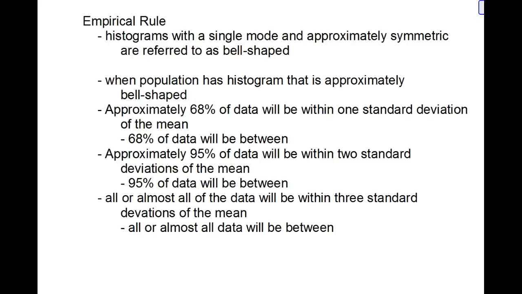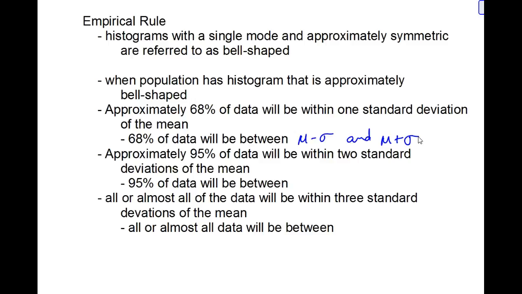When the population has a histogram that is approximately bell-shaped, we can say that approximately 68% of the data will fall within one standard deviation. What that means is that 68% of the data will fall between your mu minus one standard deviation and your mean plus one standard deviation.